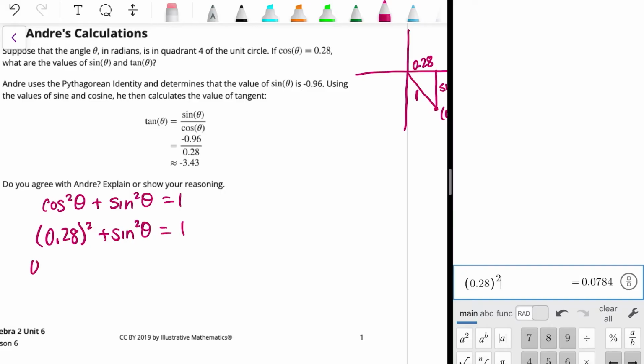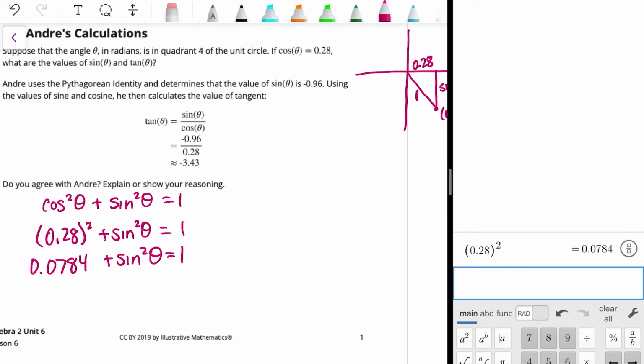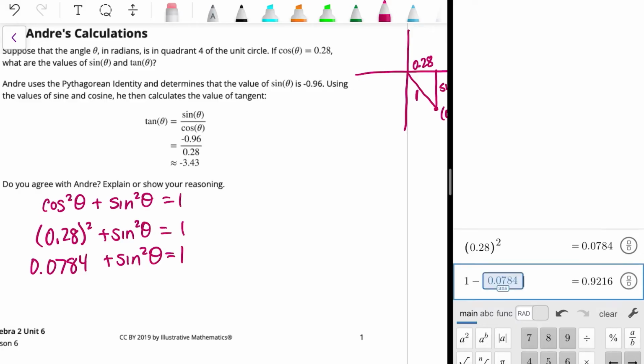So that's 0.0784. And then to move that to the other side, I'm going to subtract from 1. So 1 minus that answer gives me sine squared of theta equals 0.9216.